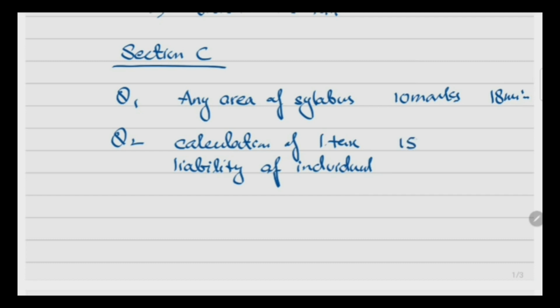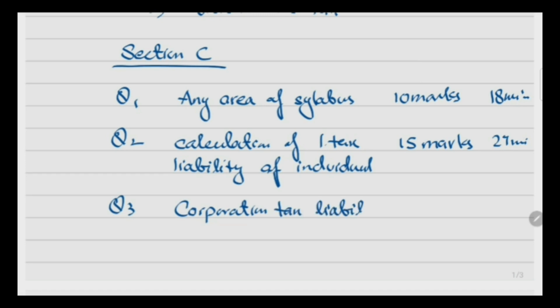This question is of 15 marks and the time limit to solve this question is 27 minutes. And then there is question 3, about the calculation of corporation tax liability. This is also of 15 marks and the time limit is also 27 minutes.